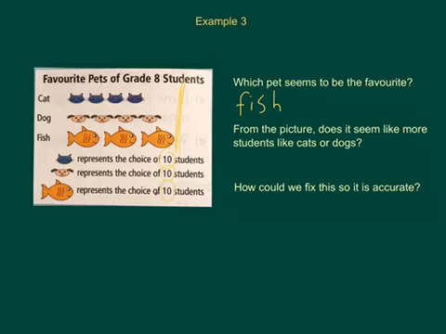So in reality, cats are the favorite of 40, dogs have 40, but fish only have 30. Fish are not the favorite. It just appears that way because we drew the fish that big.